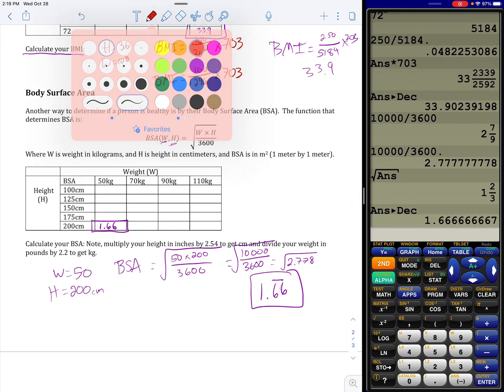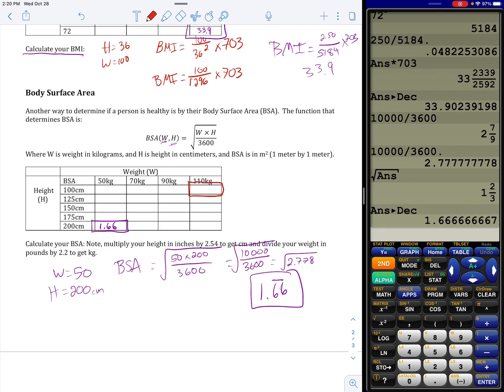Now let's look at somebody who weighs close to 250 pounds but is only a meter high. Here we have a weight of 110 kilograms and a height of 100 centimeters. So we have the square root of 110 times 100 divided by 3600. So the square root of 11,000 divided by 3600.